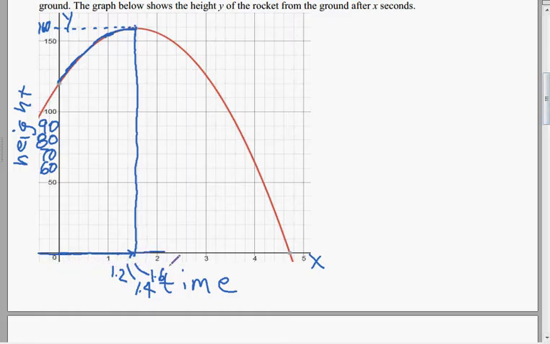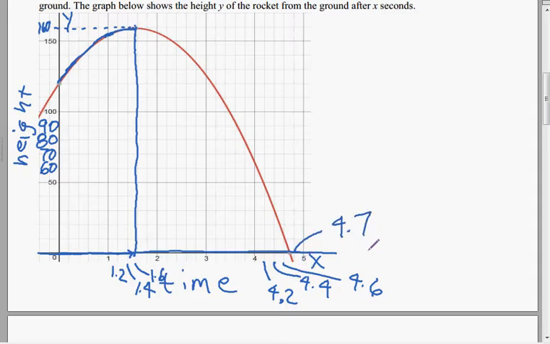So I know it's at this point right here where it hits the ground. So I look at that. I have 4, I have 5, 4.2, 4.4, 4.6, and this one then is 4.7.